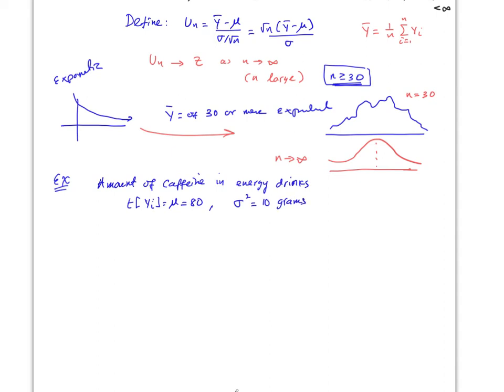So again, remember, we don't know what the distribution is. Therefore, let's say that we take a sample of, I don't know, 36 energy drinks, a random sample. What will be the probability that the average amount will be more than or equal to, let's say, 82 grams. Okay.